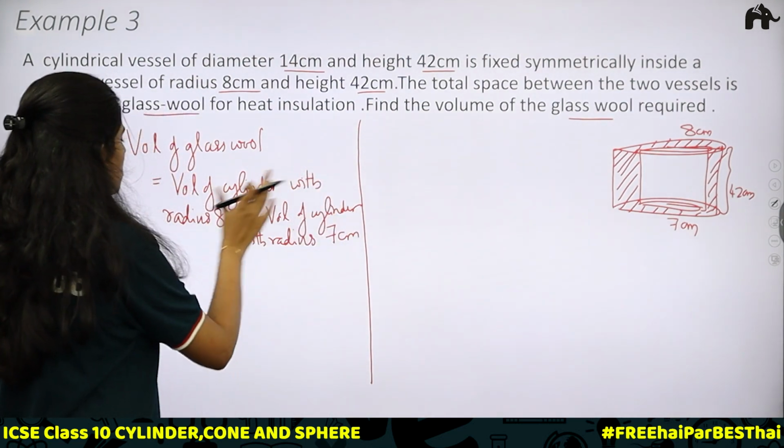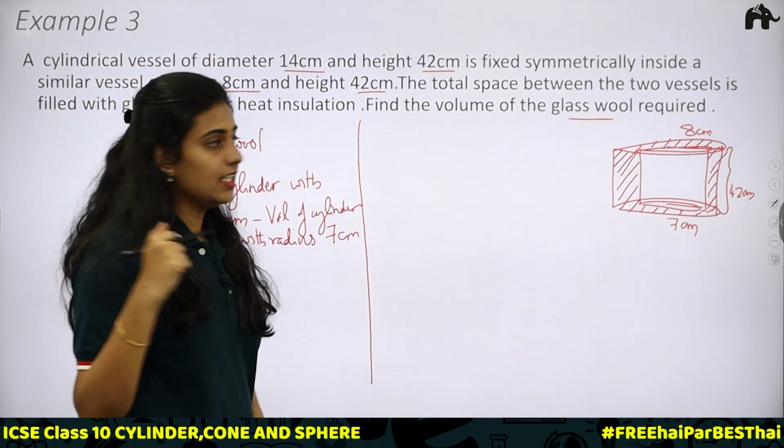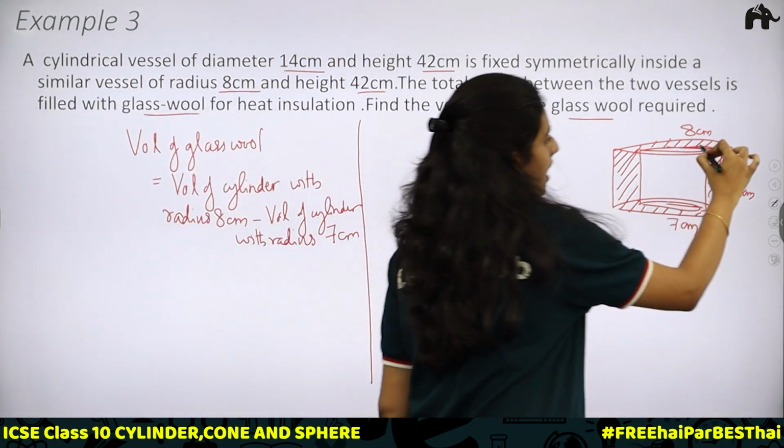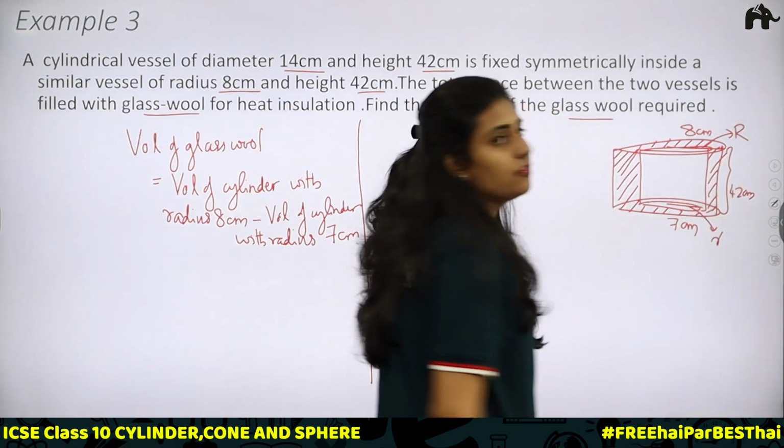Okay. What is the volume of cylinder with radius 8 centimeter? That is the bigger cylinder. Here, let us take capital R as the radius of bigger cylinder and small r as the radius of smaller cylinder.